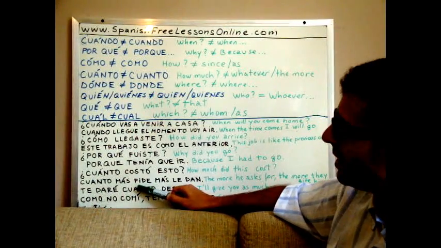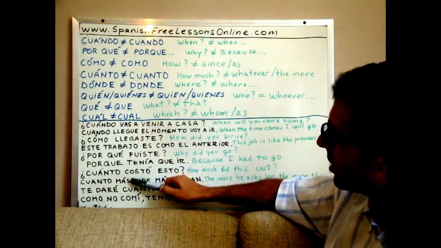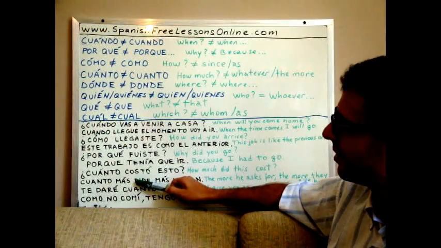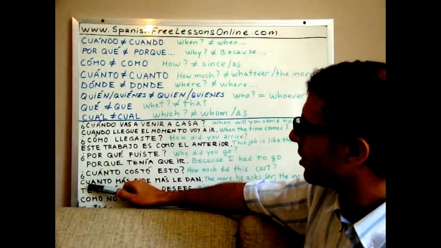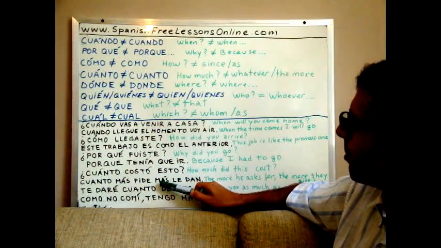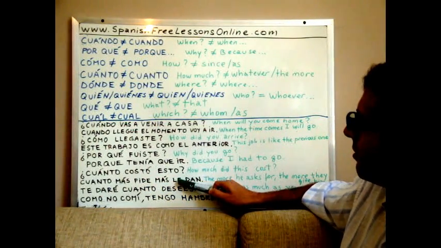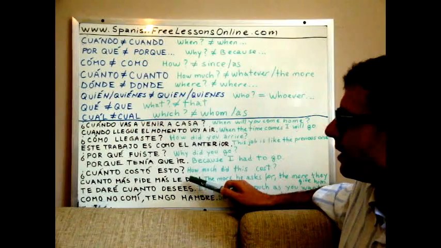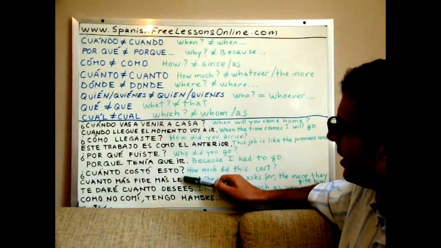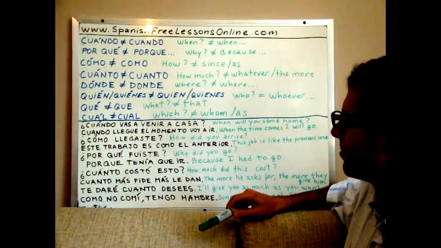The pronoun he is implicit here in the conjugated word pide, which means asks. The more he asks, the more they give him, right? Le dan is they give him.